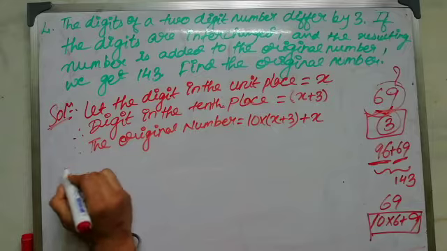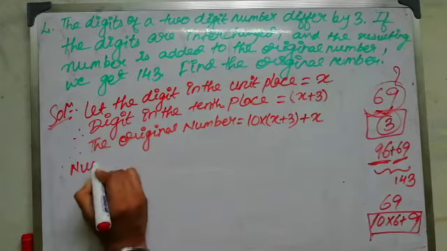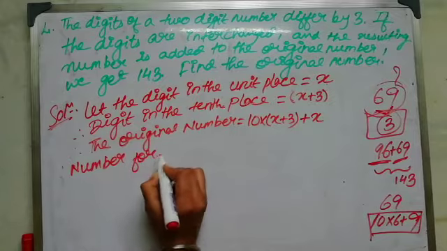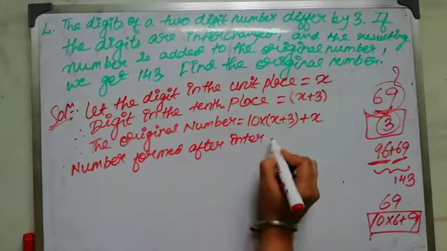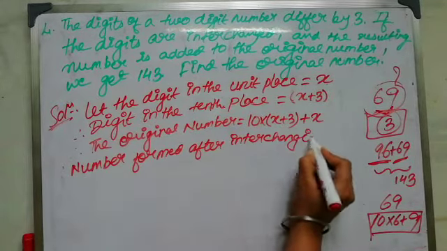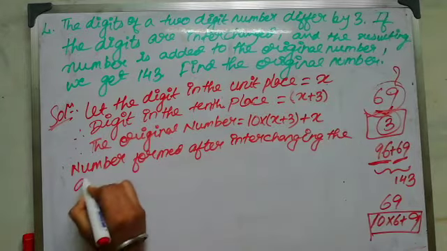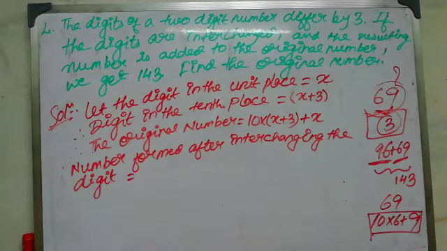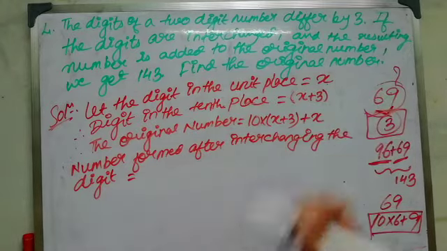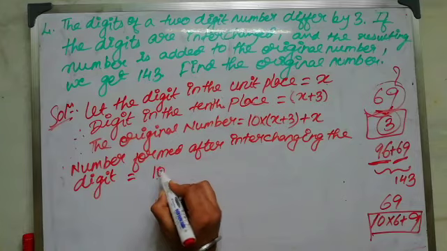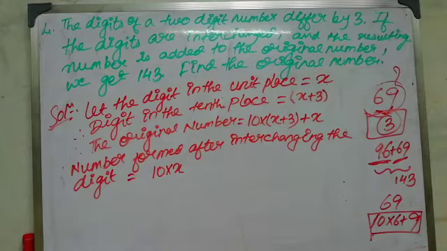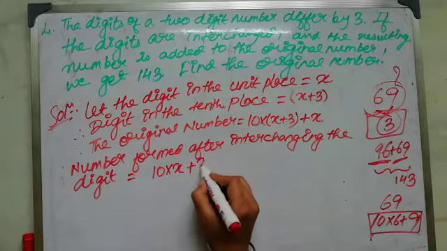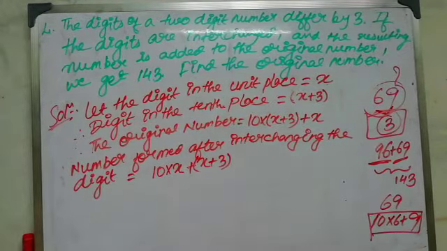Now, the number formed after interchanging the digits: the unit place will now come to the tens place, so it becomes 10 multiplied by x, and the digit in the tens place will come to the units place, so it will be x plus 3. Fine.